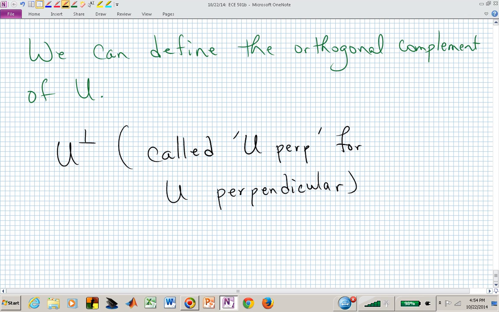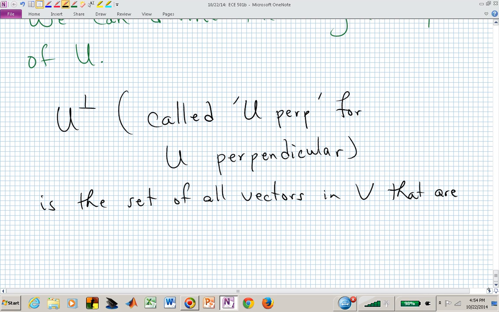U perp is the set of all vectors in the vector space V that are orthogonal to all vectors in possibly a subset.